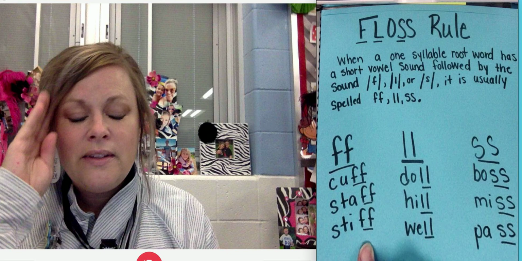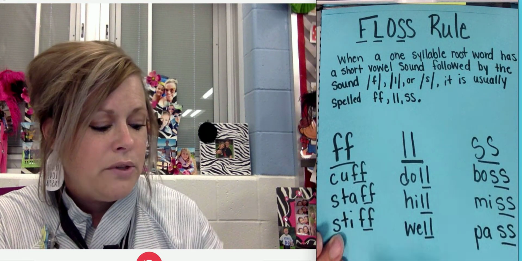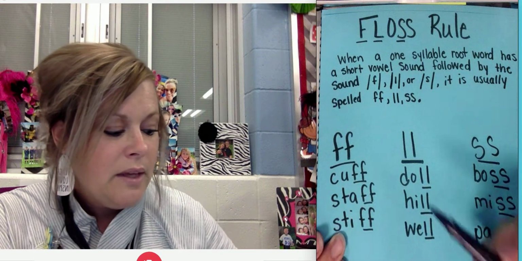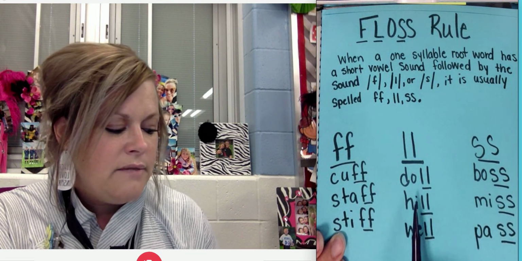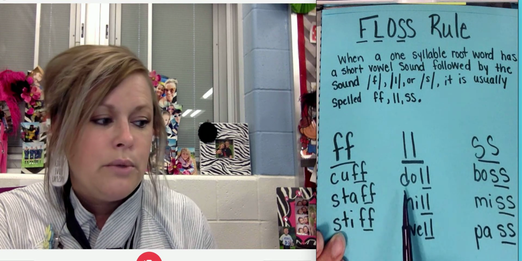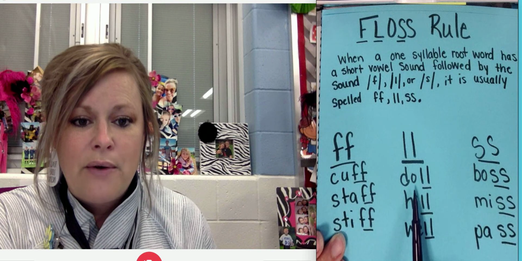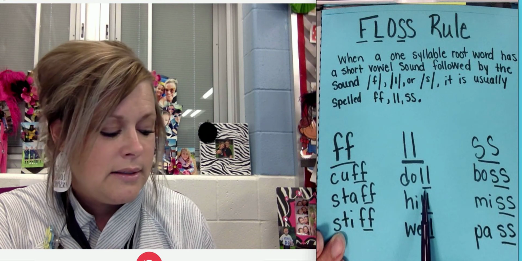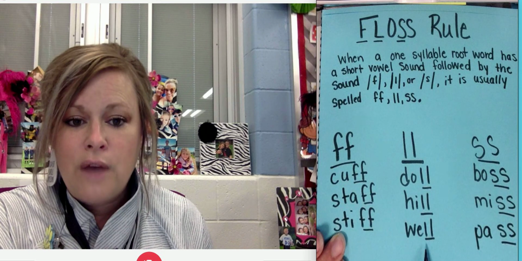Okay. Another example is when there's an l sound in the final position of a short word with a short vowel. And you can see the double L at the end of these three words. Here's the word doll. Doll is one syllable with a short vowel, so the l is doubled at the end. Hill and well are also floss words.